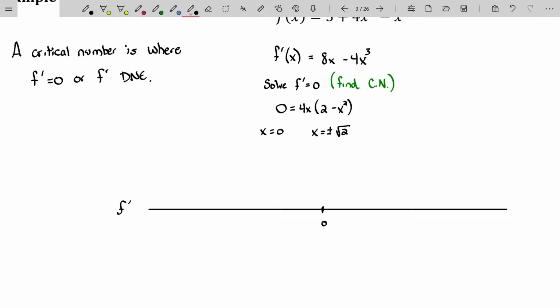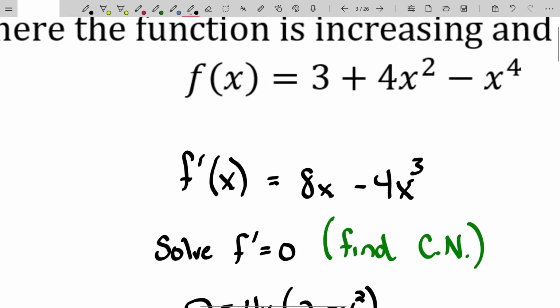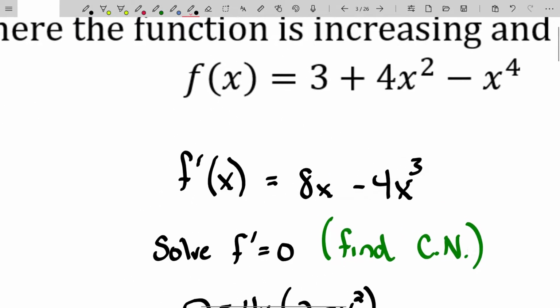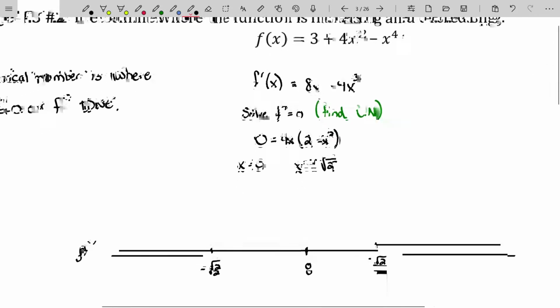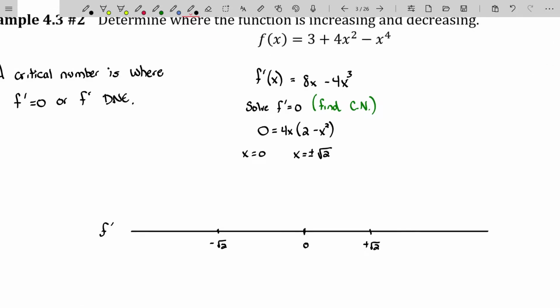I'm marking 0 because it's a critical number. And then I'll mark a negative root 2 on there and a positive root 2 on there. And all I'm going to do is check the signs of the derivative over those intervals. Notice we have 1, 2, 3, 4 intervals that we need to check.